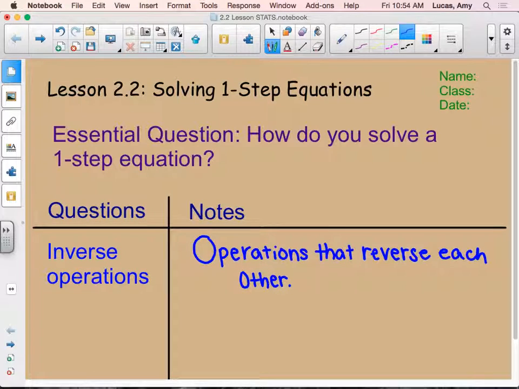So the inverse operations that we're going to focus on first would be adding and subtracting, and multiplying and dividing.